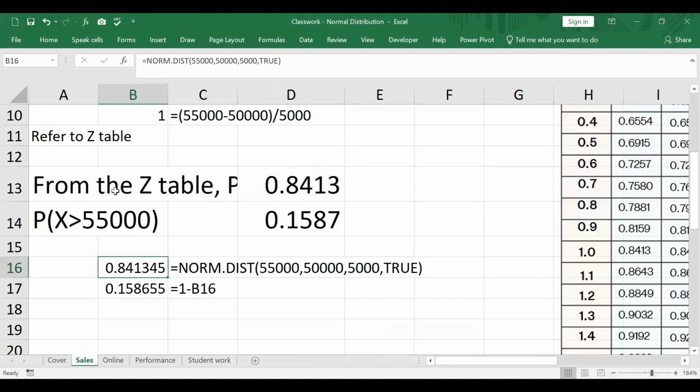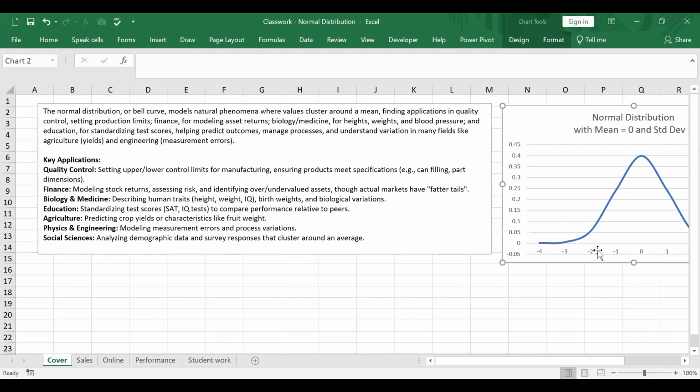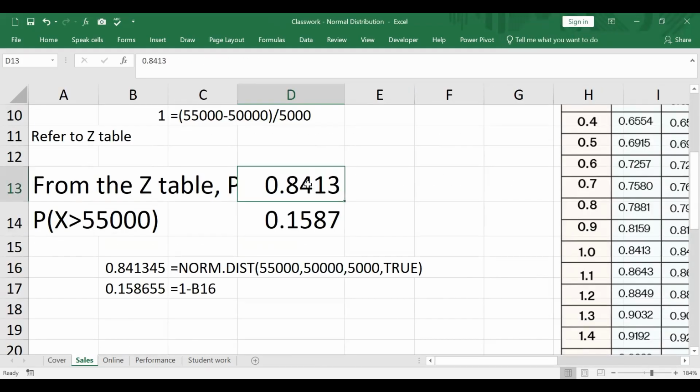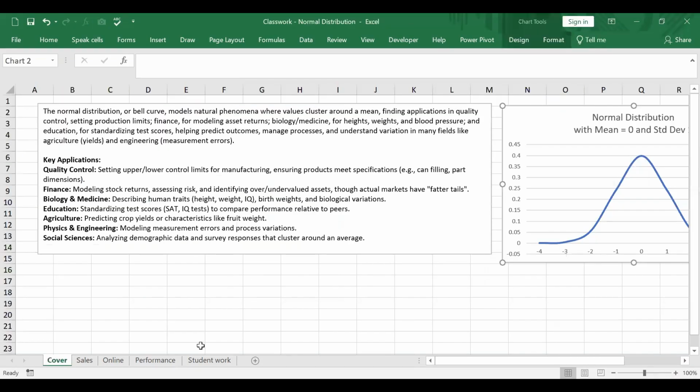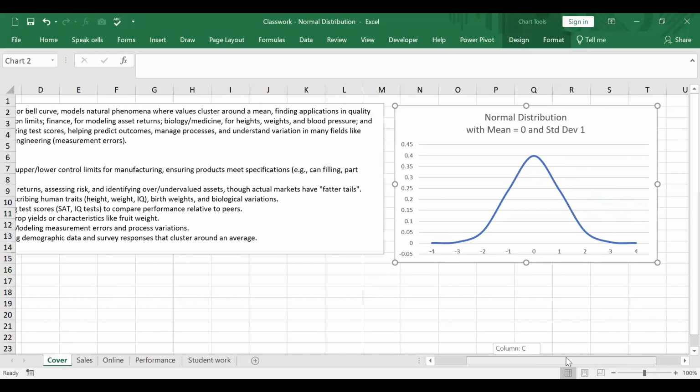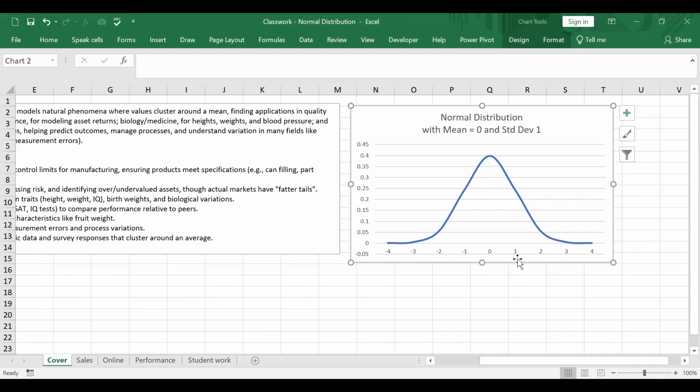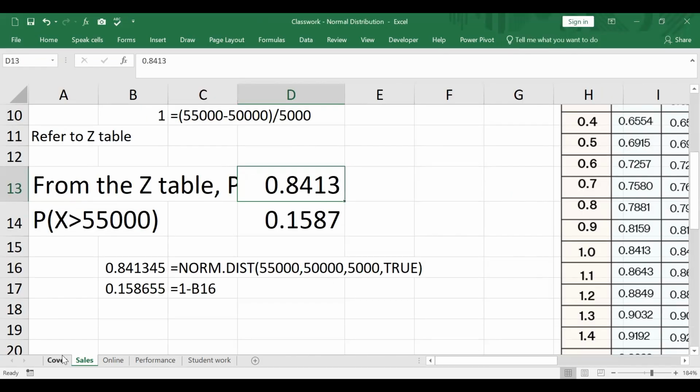What it means is the probability of something which is up to 55,000 in this graph. What it signifies is that this value of 55,000 corresponds to something close to 1, but we are interested in 0.8413.